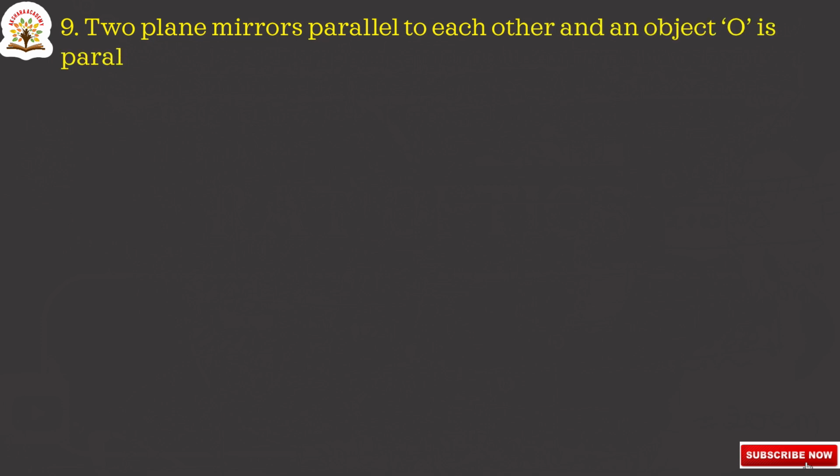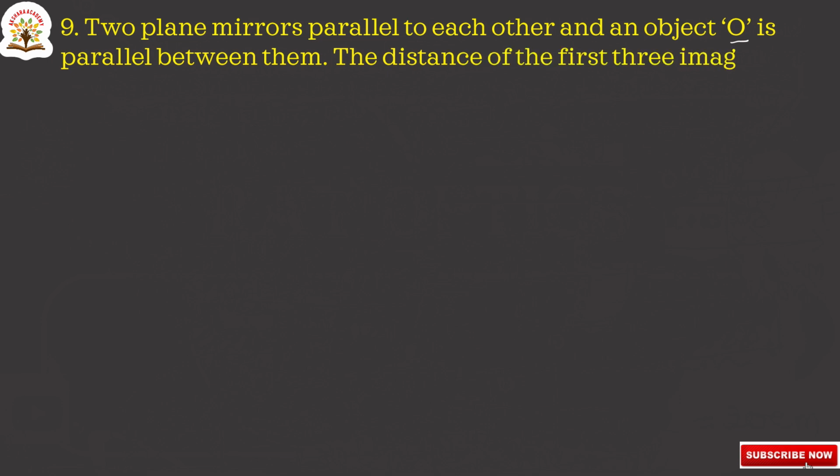In this question, two plane mirrors are parallel to each other and an object O is placed between them. The distance of the first three images from the mirror M2 will be, in centimeters.